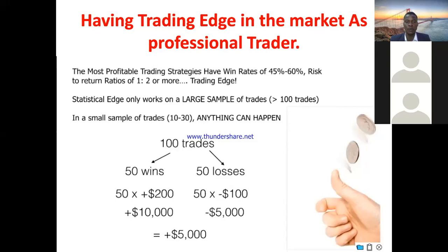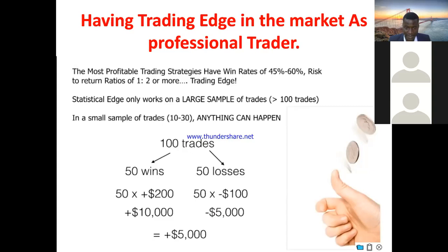Now, if you use what we call a risk to reward of 1 to 2, in which you are picking the head, anytime the head comes up, you win 2, and anytime the tail comes up, you lose 1.